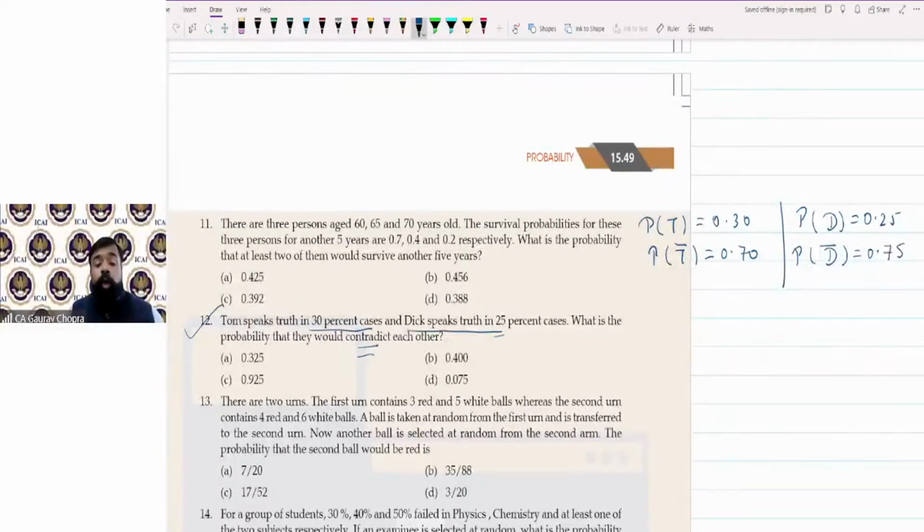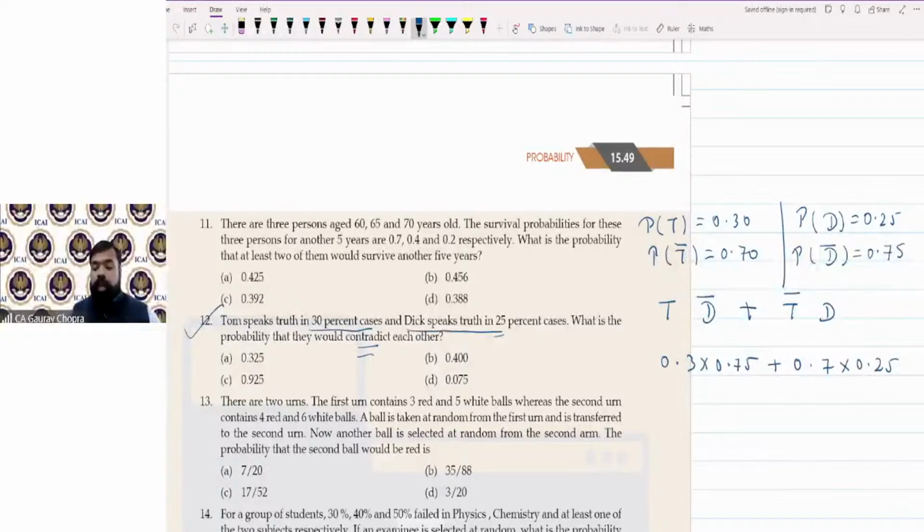Now, what is the probability that they contradict each other? Contradict का मतलब एक सच बोल रहा है और दूसरा झूठ बोलता है. That means Tom is true and Dick is wrong. Plus, second case can be Tom is wrong, Dick is true. So these are the two possibilities. Now, add the values. 0.3 multiplied by 0.75 plus 0.7 multiplied by 0.25.